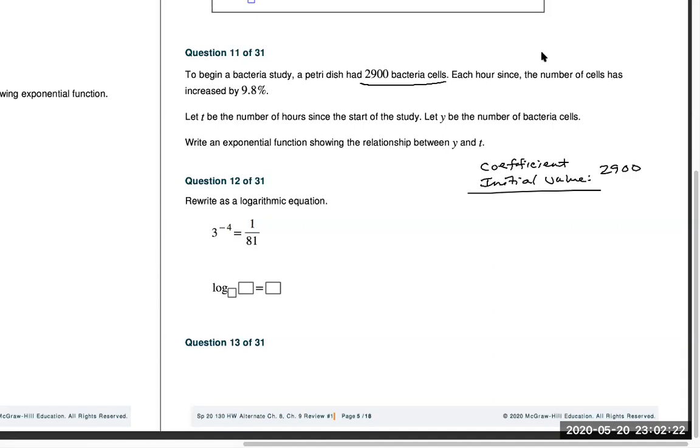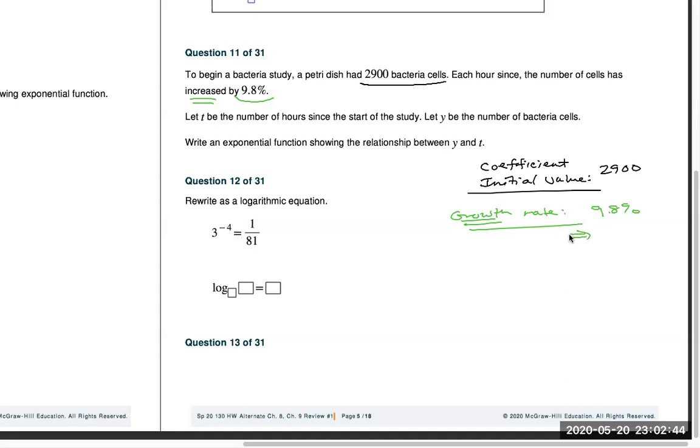Each hour since, the number of cells has increased by 9.8%. So our growth rate, because of the increase, will be 9.8%. Okay.